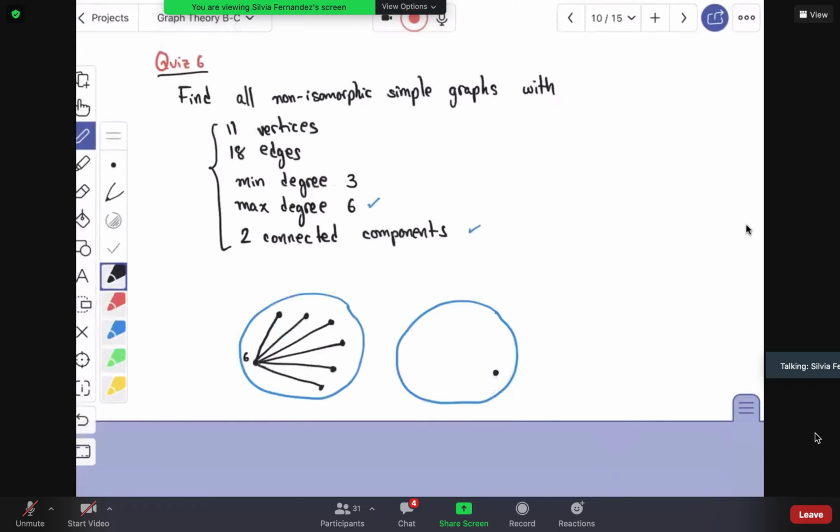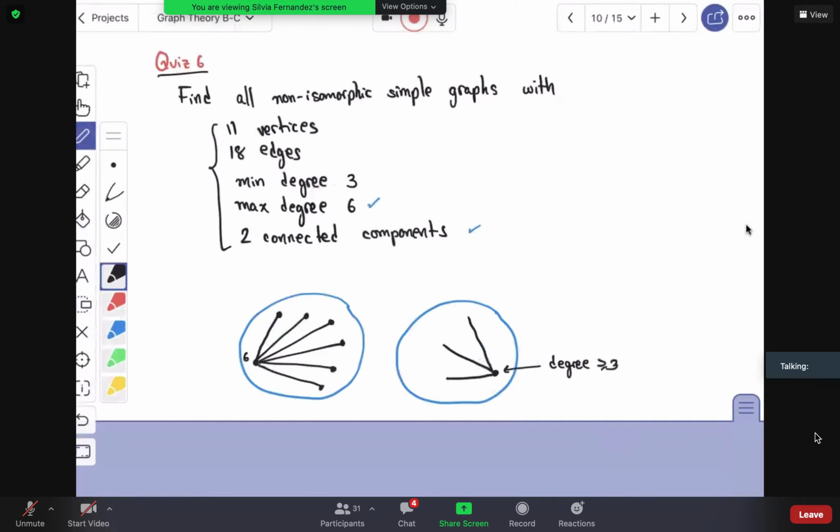So this one needs to have degree 3, or maybe more, degree greater than or equal to 3. Every single vertex has degree greater than or equal to 3. So I'm going to draw those 3 for now.